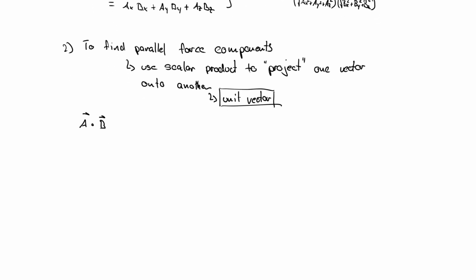Let's make a small drawing of that. So let's say you have A here and B there. So A vector and B vector, and of course we know that in between we have the angle theta.